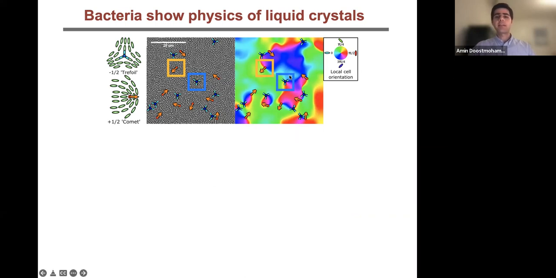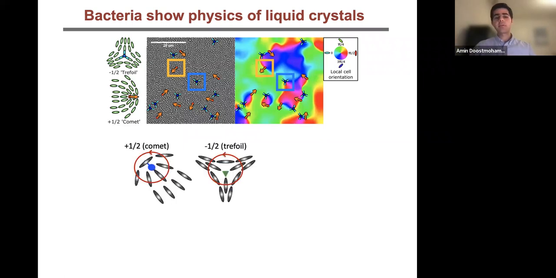Here you can see immediately that there are different domains with different orientations, and more importantly, in the regions where different domains of different orientations meet, you have singularities in the orientation. In particular, we find two types of singularities in this system that are known as half-integer topological defects. So apologies to the experts here.